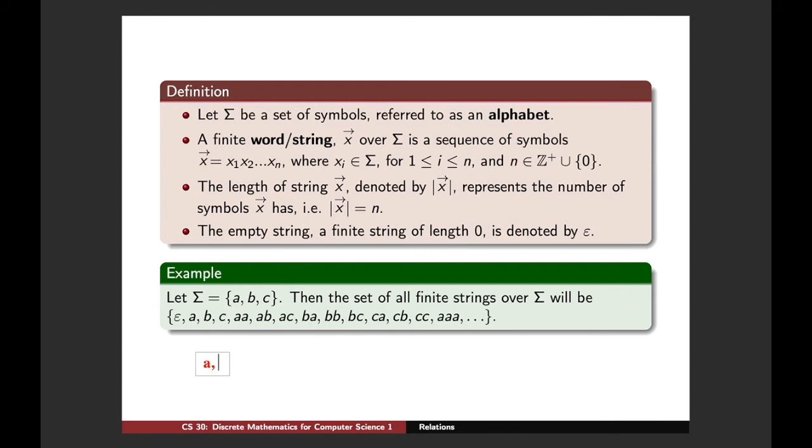No, right? Because in the dictionary, we list first all those words that start with A. So the next word or string that will be encountered will be AA instead of B, right?